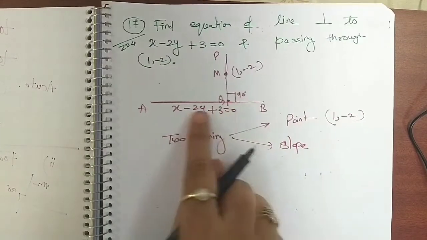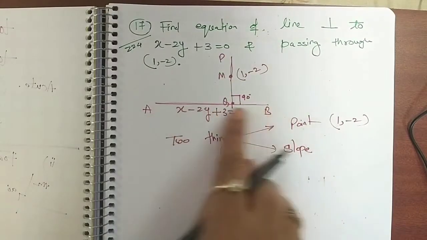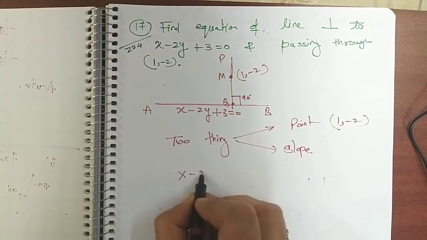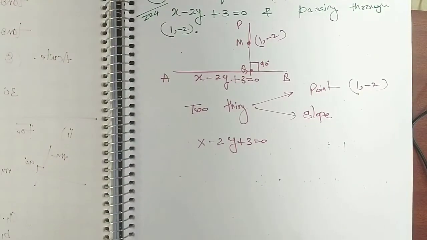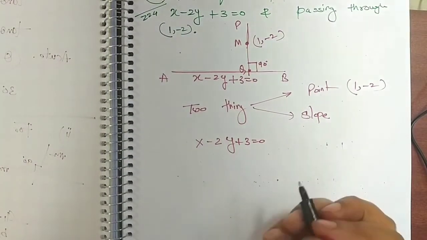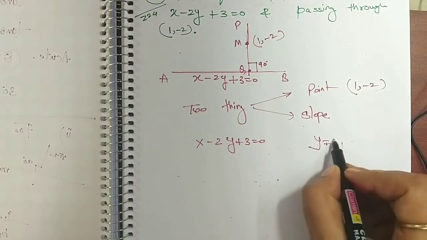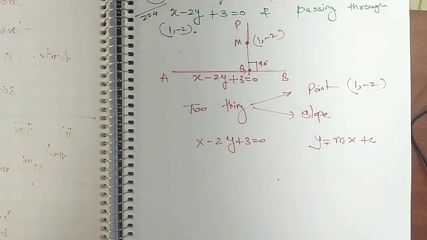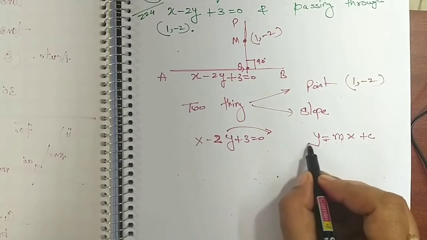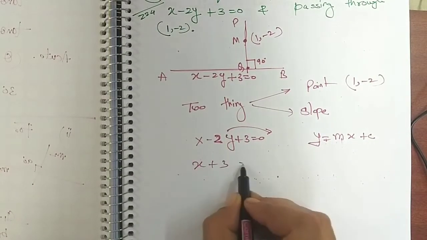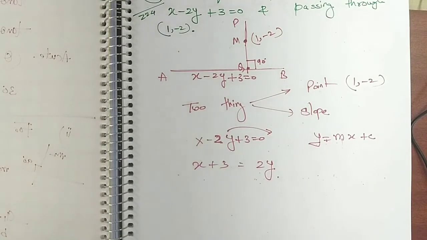For the slope, they have given that this is perpendicular, so we can get the slope from this line. x minus 2y plus 3 is 0. What is the slope of this line, guys? I will compare it with y is equal to mx plus c. Let me take 2y to that side because y should be positive. So it will be x plus 3 is 2y.